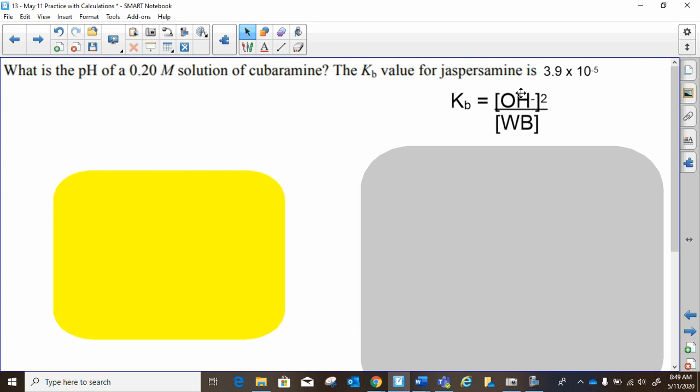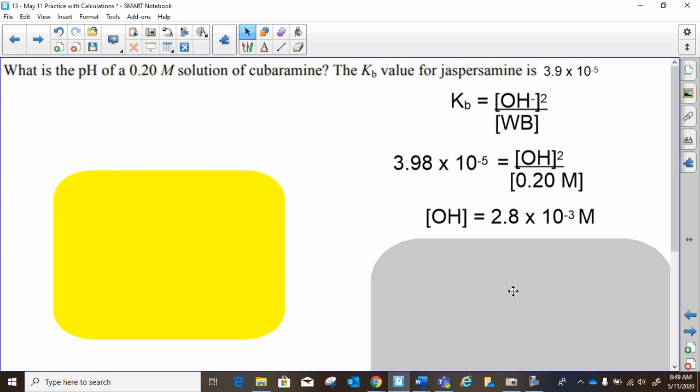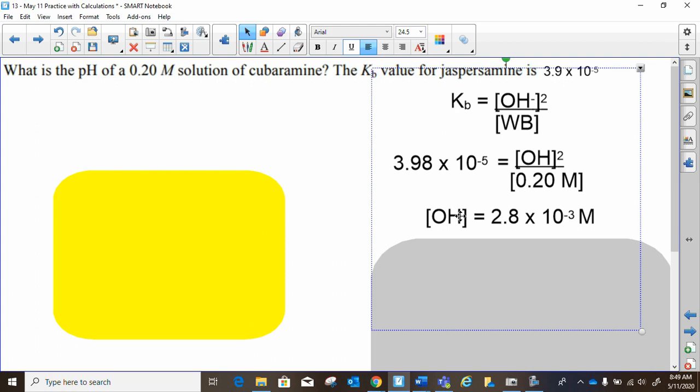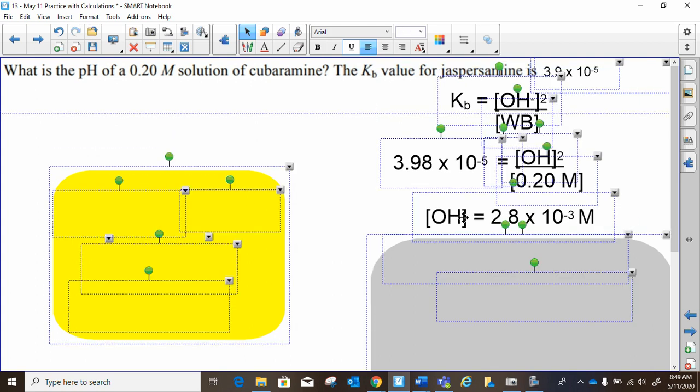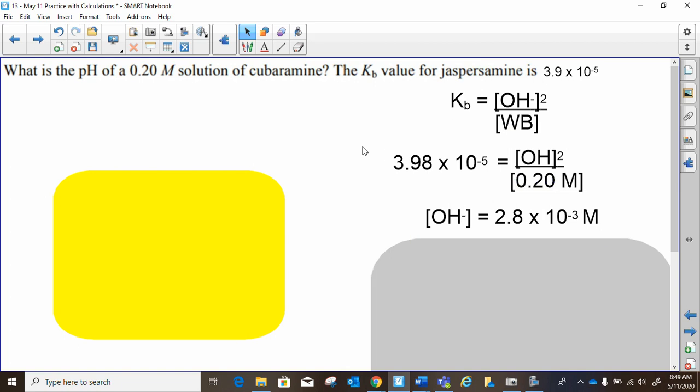We have to have and talk about hydroxide and weak base. So I have my Kb, they give it to me. This 0.2 is actually the weak base concentration. I can rearrange and solve for hydroxide. And again, I stress that's hydroxide ion concentration. It is not H plus.